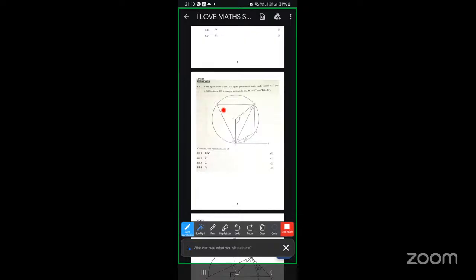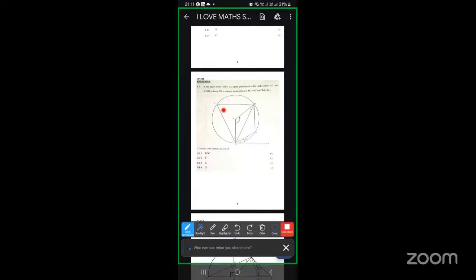Can you send questions from the paper 2 topic, the triangles, the proportionalities in triangles, if you don't understand something, or are we only dealing with circles right now?